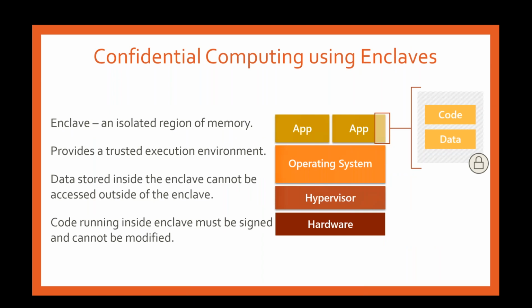I invite you to go on the Azure portal and look for confidential computing. There is some very good documentation there. I'll give you a pointer to the URL later. But basically, confidential computing is an enclave or a trusted execution environment that isolates memory from the operating system, from the hypervisor, from anybody except the application that has a specific key to access data and code.